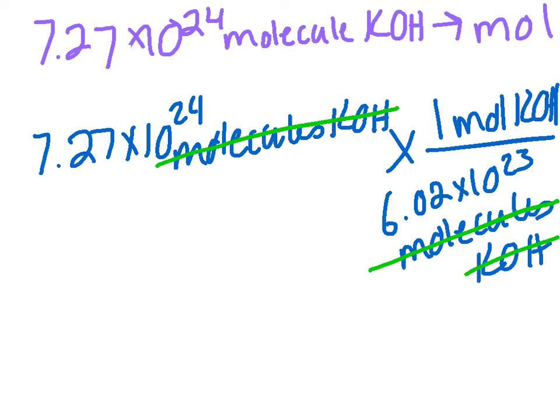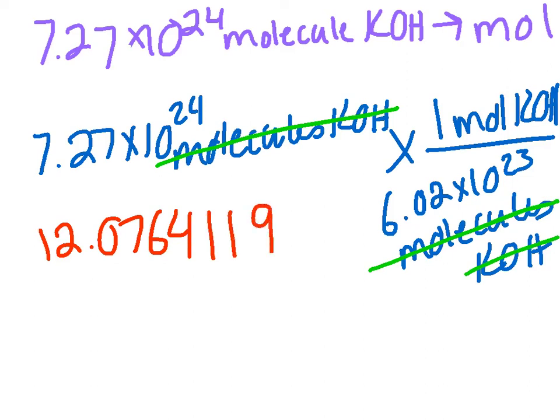Now, with a number on top and a number on bottom, when I get my calculator out, I'm going to be dividing this time. So I'm going to type in 7.27 EE24 divided by 6.02 EE23, and my calculator then spits out 12.07641196.